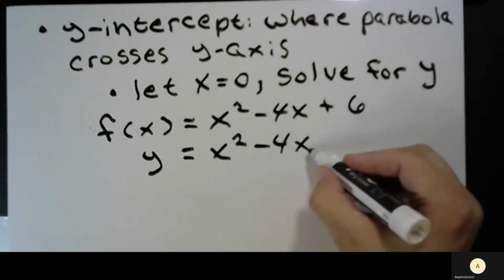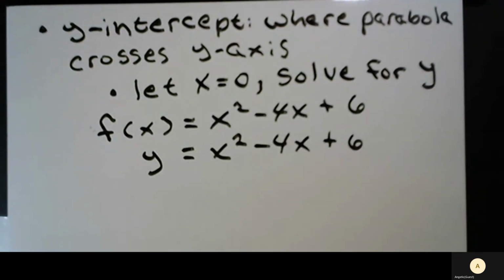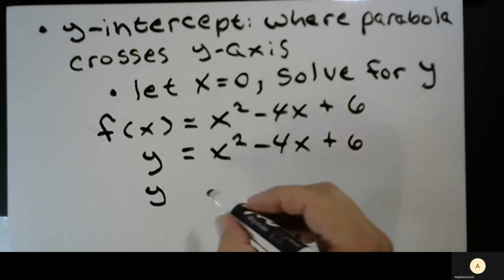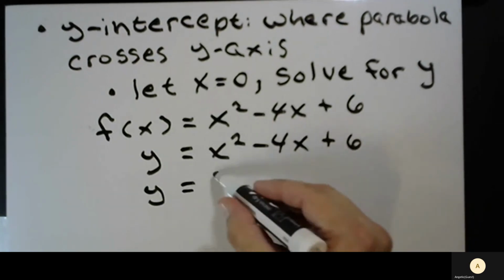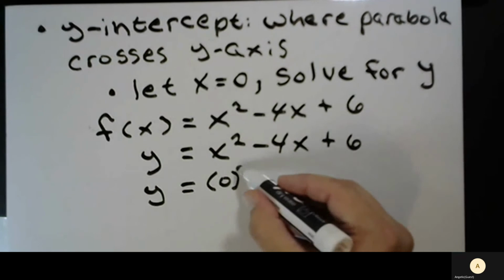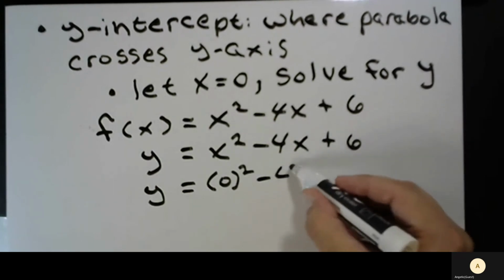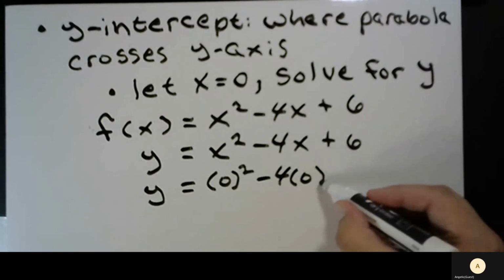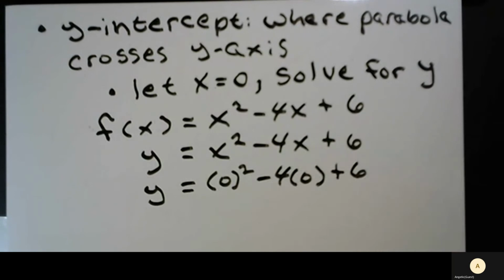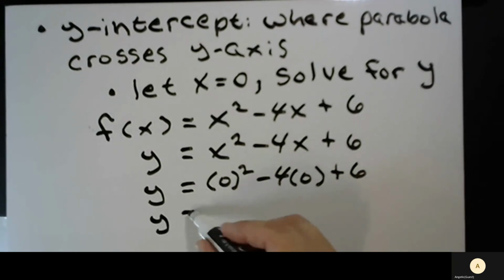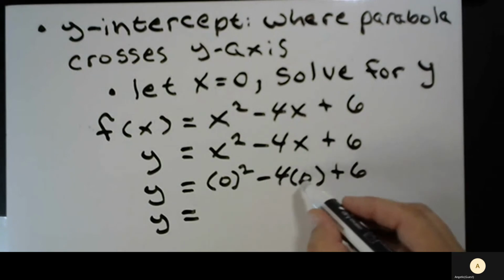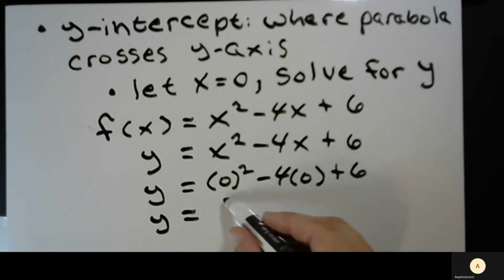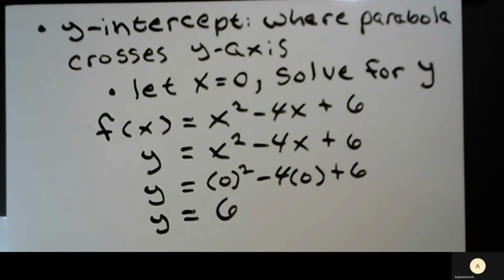And again, f of x and y are interchangeable. And we're going to let x equal 0. So we're going to get 0 squared minus 4 times 0 plus 6. And these are just going to be 0. So we're going to get y equals 0 minus 0 plus 6, which is going to be 6.